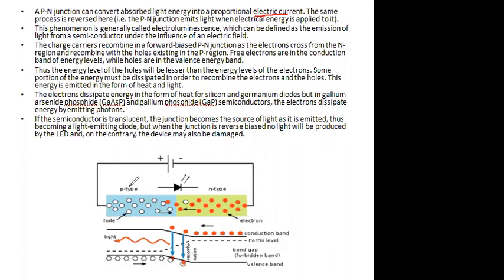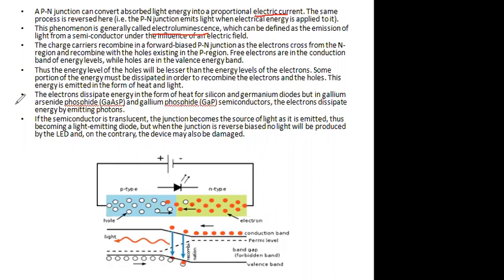This phenomenon is generally called electroluminescence, which can be defined as the emission of light from a semiconductor under the influence of an electric field.